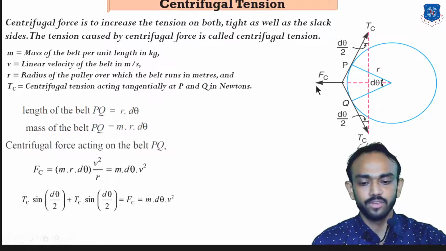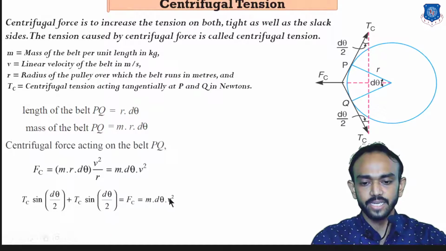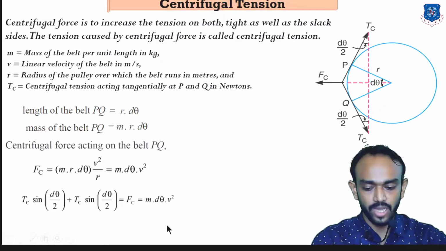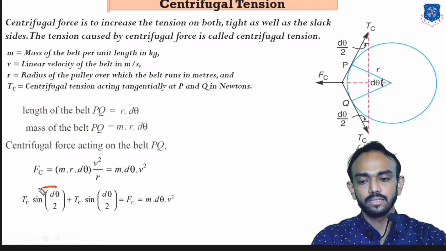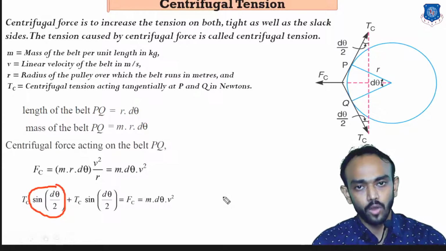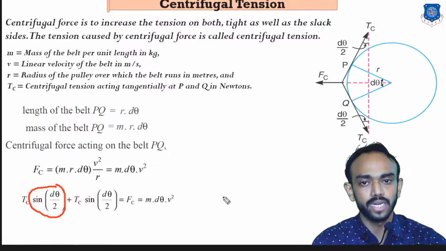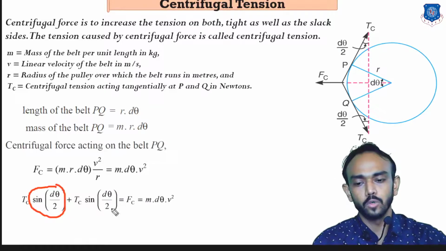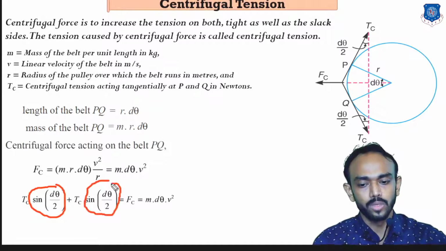You can check here, Fc is equal to m d theta into v square, and this is sin d theta by 2. d theta is a very small angle, so when theta is very small, you can write sin theta is equal to theta directly. So you can put this value as d theta by 2, and 2 times d theta by 2 is equal to d theta.